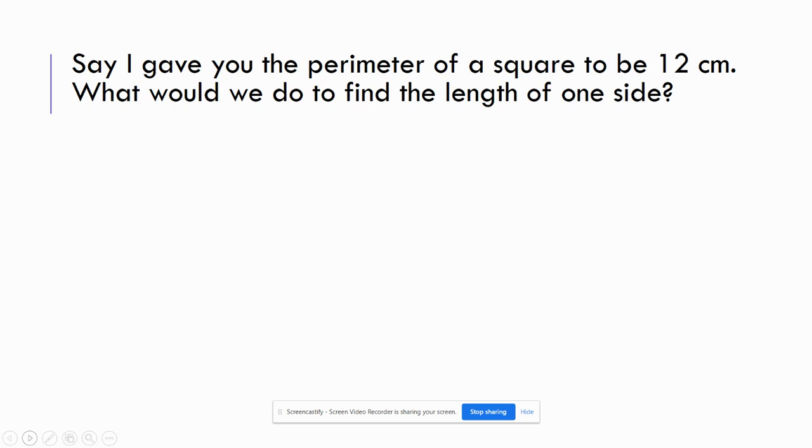So say I gave you the perimeter of a square to be 12 centimeters, and I want to know what we will do to find the length of one side. So think about that for a second. Say I had this four-sided figure. So once again, in order for me to know that it's a square, we have to know that we have at least a right angle, but also with a square, all four sides are congruent.